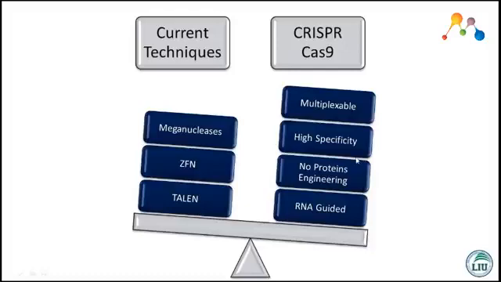They have a high specificity, and we are looking at a number of experiments that increase the specificity of CRISPR-Cas9, and it is multiplexable. It means that inside the same cell, you can introduce a CRISPR-Cas9 system not only to target one single gene, but to target and alter many different genes at the same time.